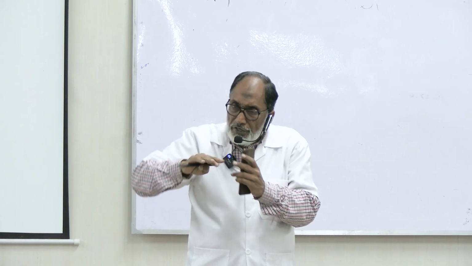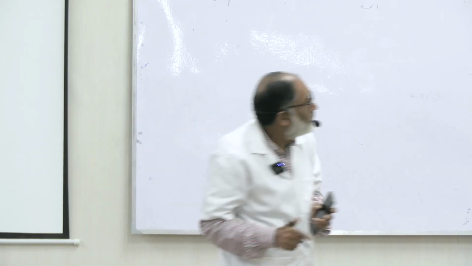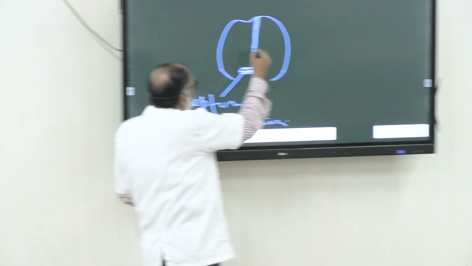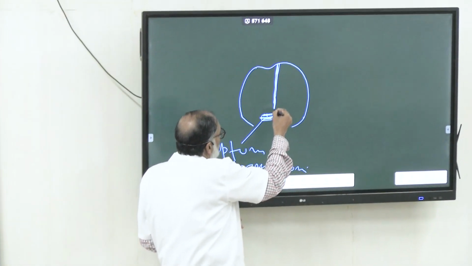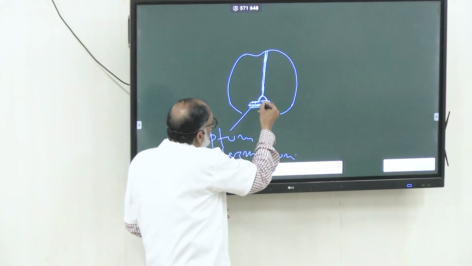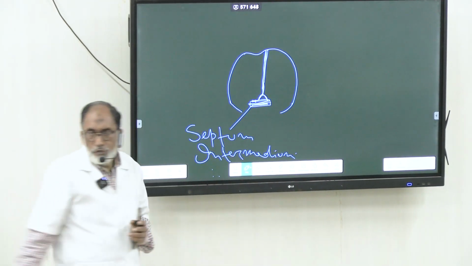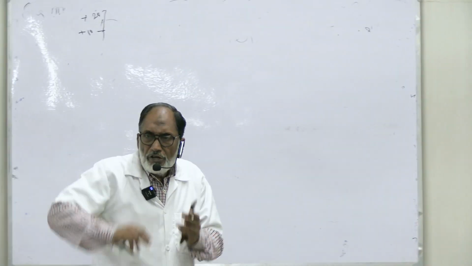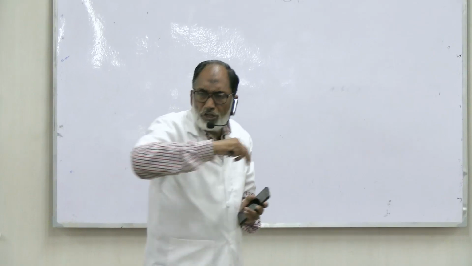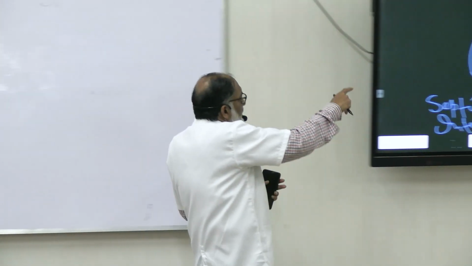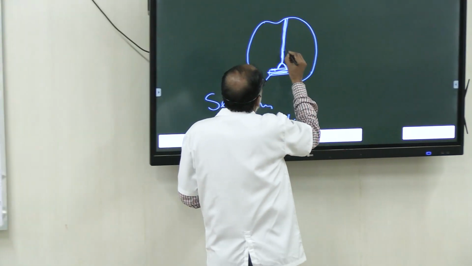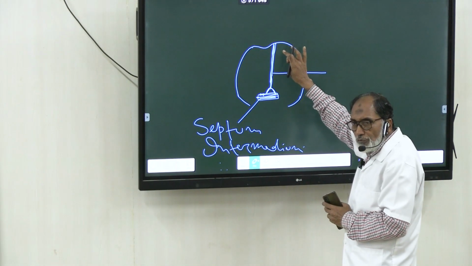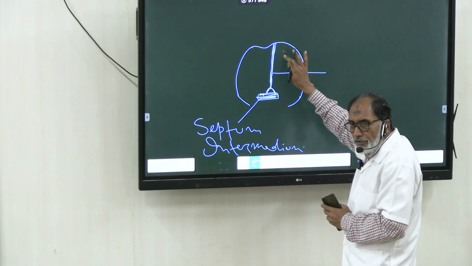When it comes here, it is concave, so there is a space between the septum intermedium and the concave margin of the lower end of the septum, which is developing from the roof as well as the dorsal wall of the right atrium.